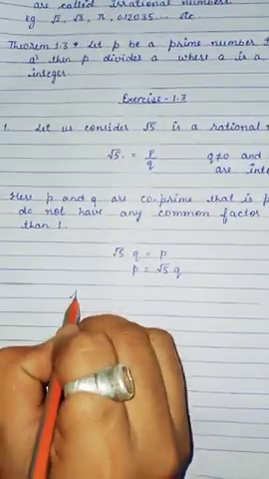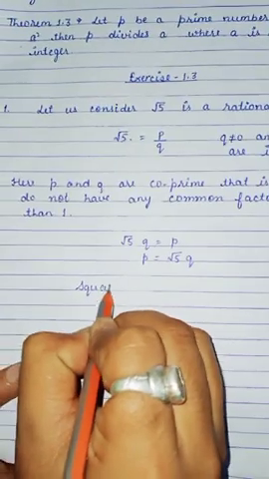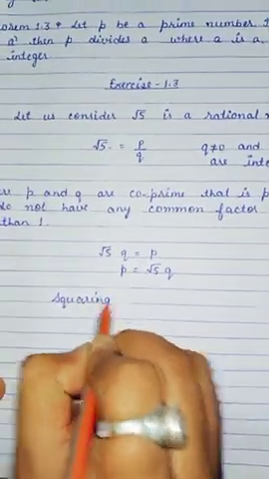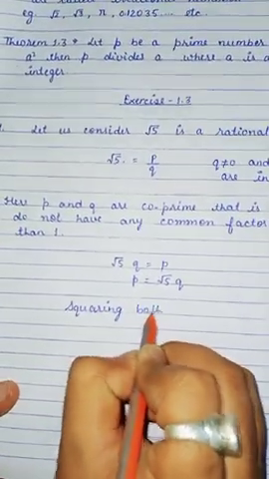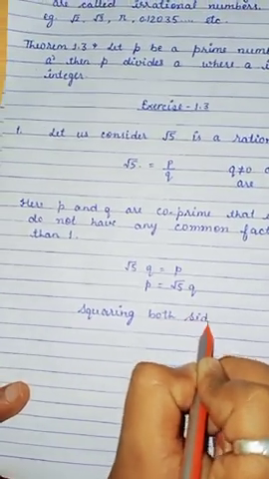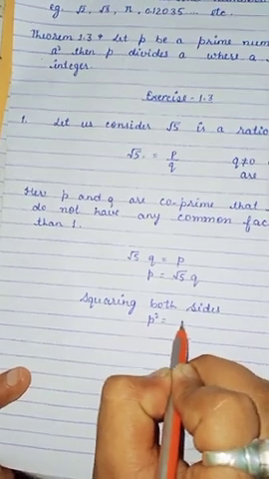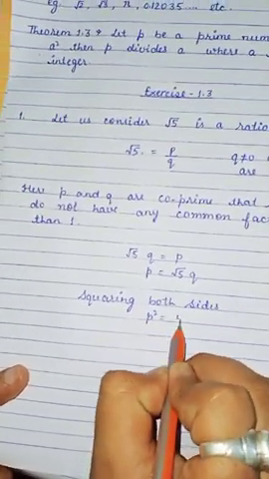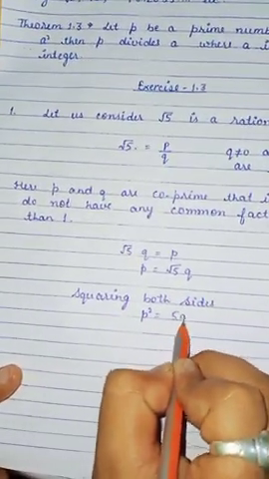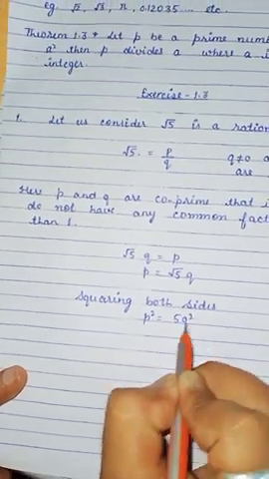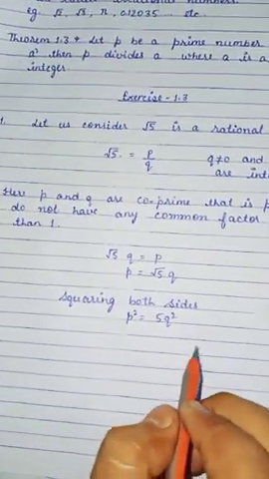Now squaring both sides, p square will be what? Square of root 5 will give you 5, and square of q will give you q square. Is that okay for everybody?